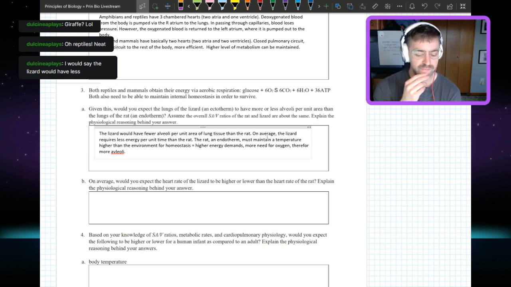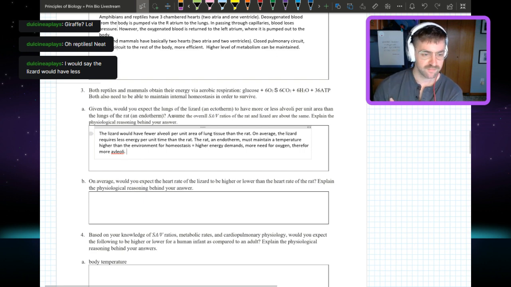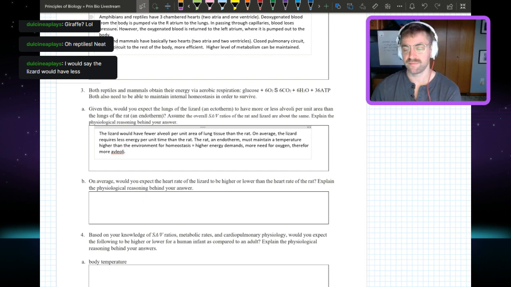Cool. On average, would you expect the heart rate of the lizard to be higher or lower than the heart rate of the rat? Same argument. Higher metabolic rate in the rat, lower metabolic rate in the lizard, because its temperature is closer to that of its environment.